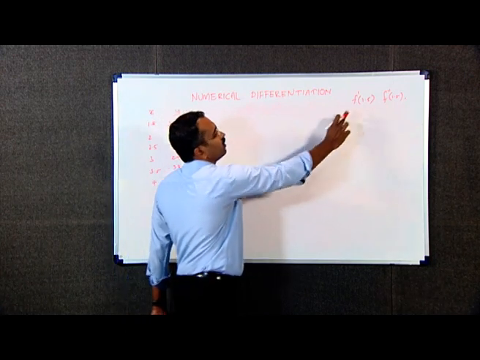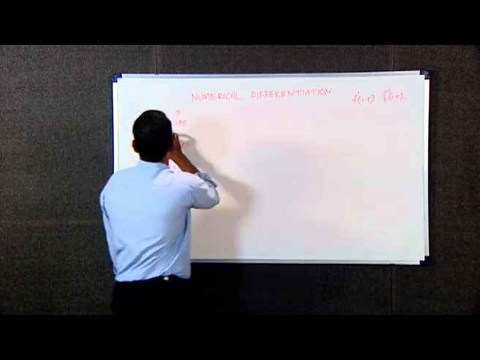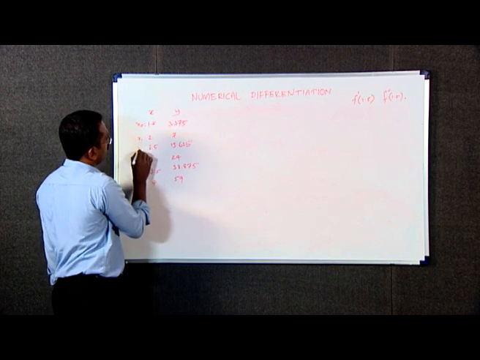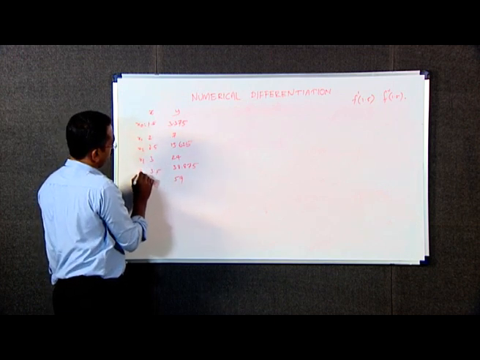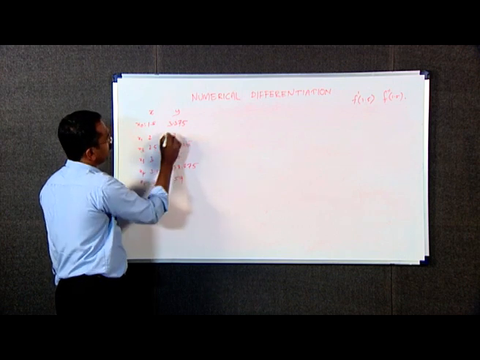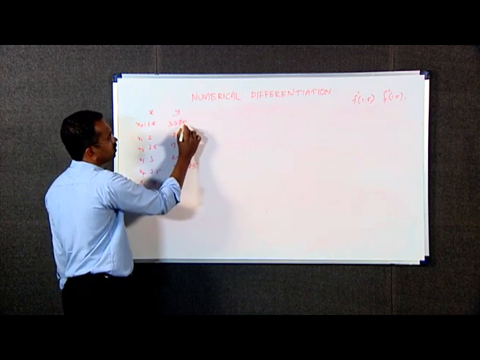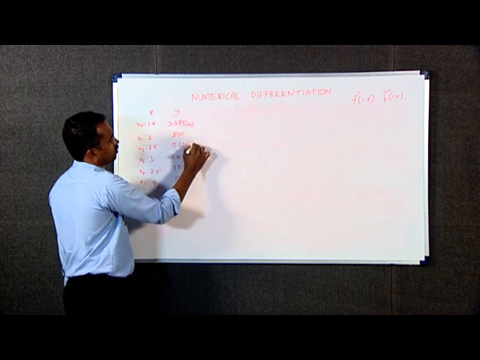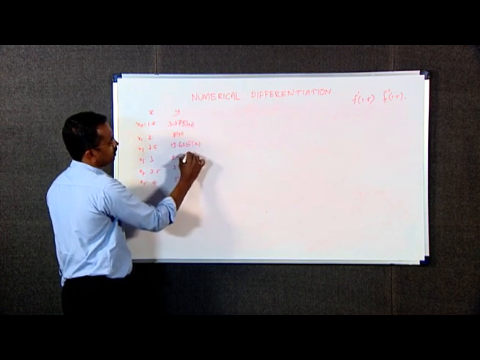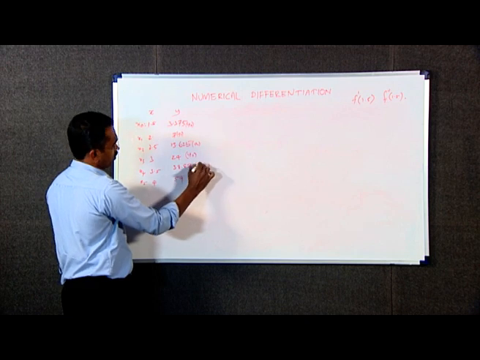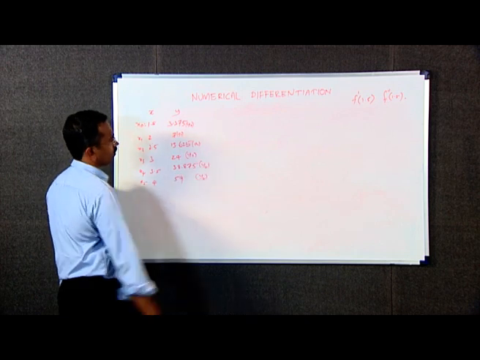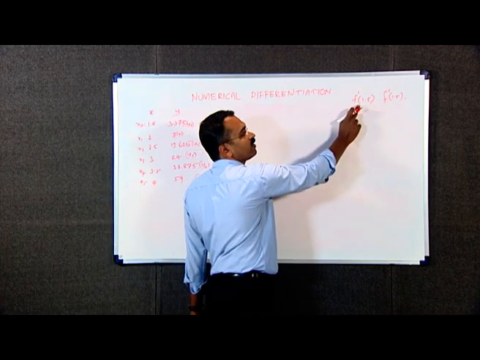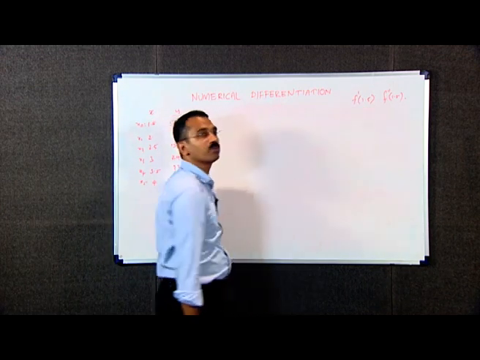Note that here x naught is 1.5, this is x naught, x1, x2, x3, x4 and x5. The corresponding y values are y naught, y1, y2, y3, y4 and y5. First we evaluate f dash at 1.5.